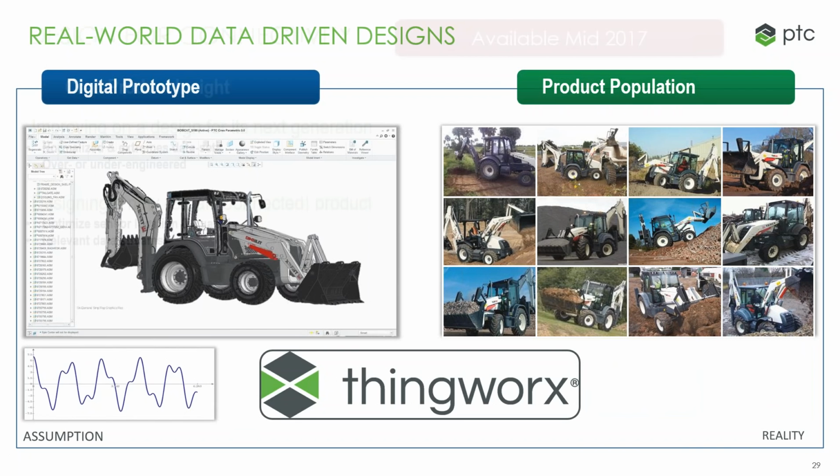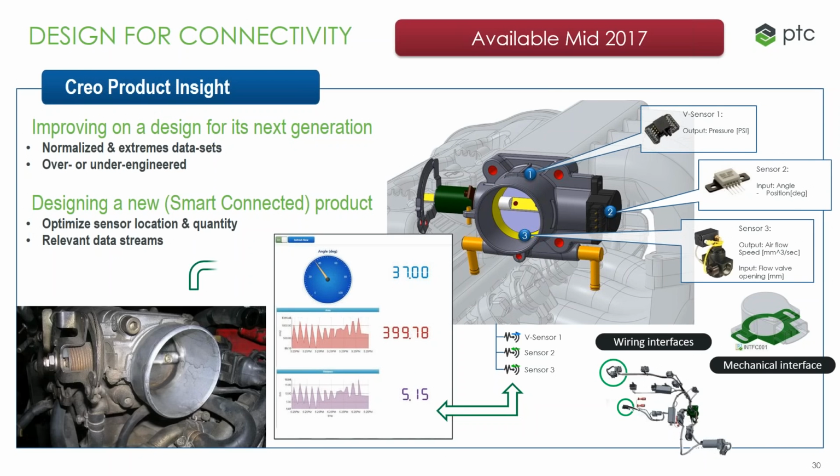Now, coming in summer of next year, we're going to be introducing a new Creo Product Insight extension that in essence is going to provide all the capability I just talked about. It's going to enable you to place sensors inside your CAD model.